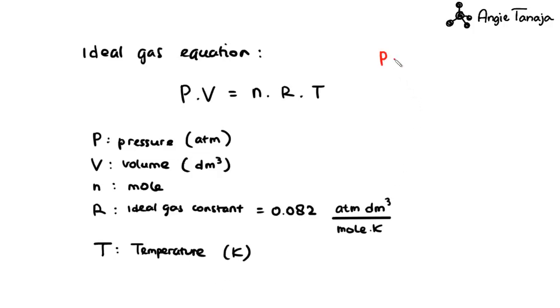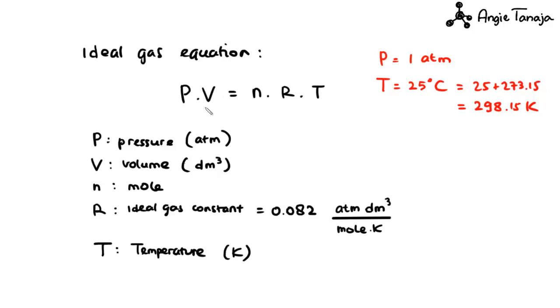Let's say we have the pressure is 1 atmospheric pressure, and the temperature is 25. So we have to convert it to Kelvin, plus 273.15, so it will be 298.15.